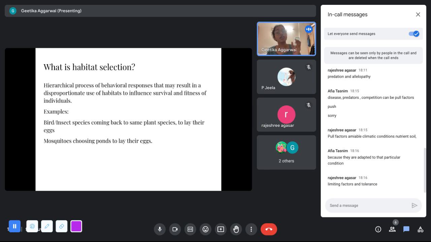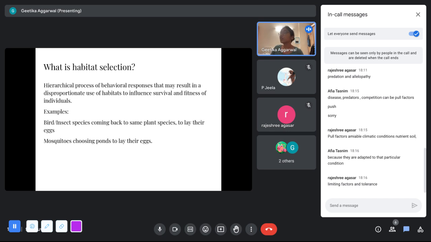And if there are very few eggs, then they may not survive either because there are very few larvae in that pond. They'll also look at the presence of predators in that pond, say frogs in that area, and all those things. They sample these things, and then they select which particular area to live in, or which particular area to prefer over the other ones.